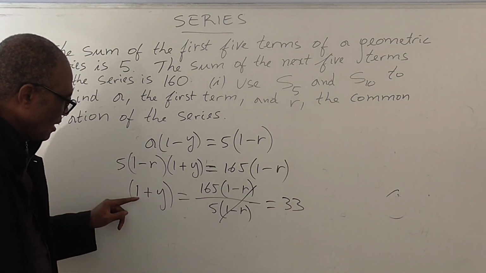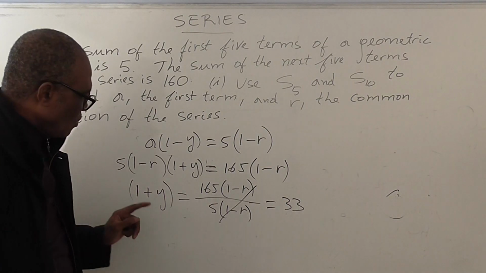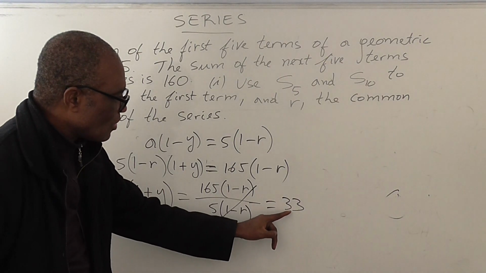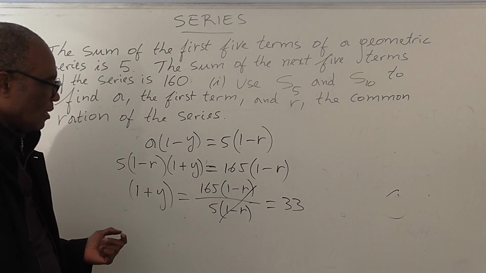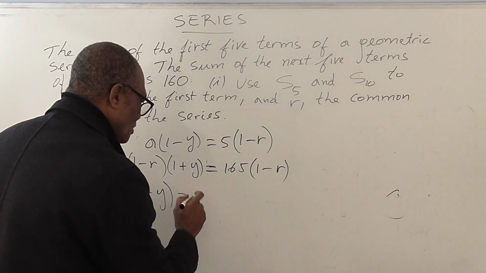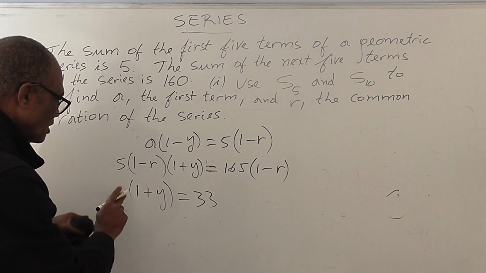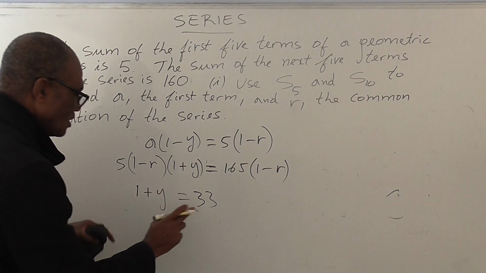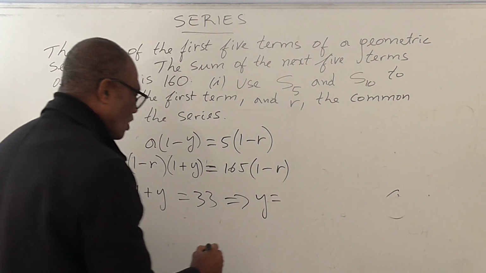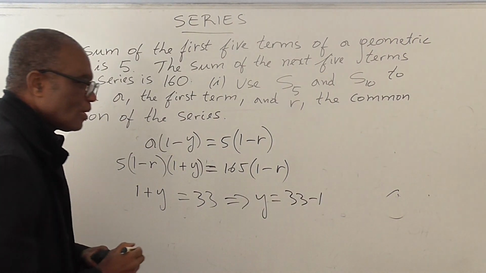I get 1 plus y equals 33. So what that means? That means 1 plus y is equal to 33. And then y will be equal to what? Y will be equal to 33, take away 1.